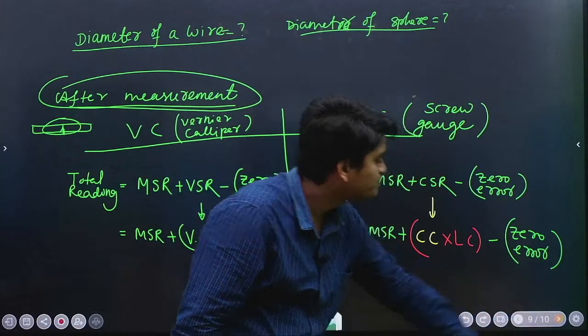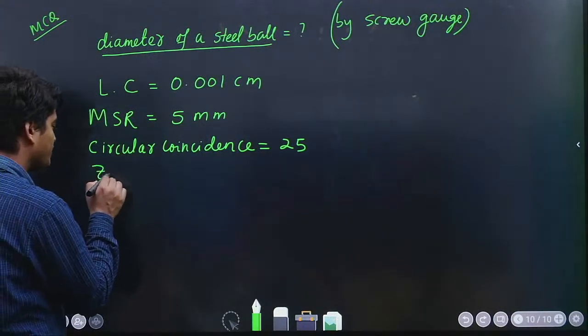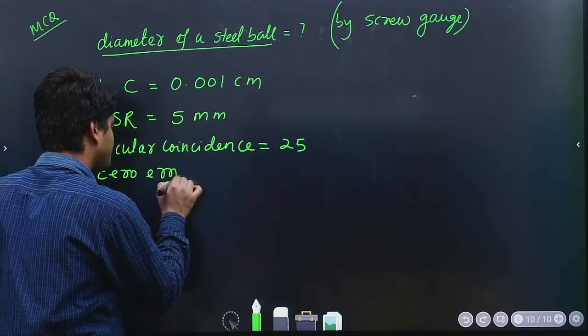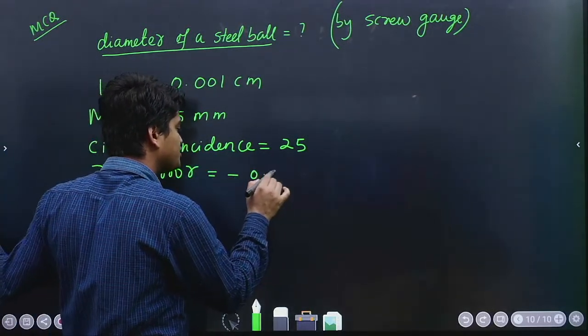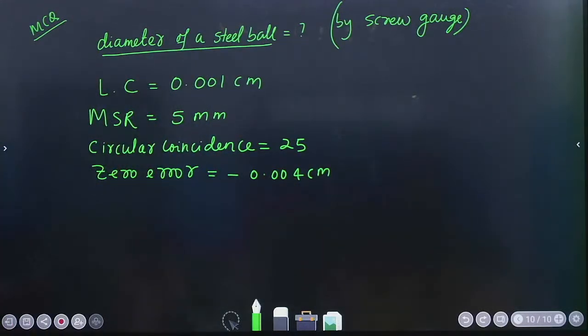Now circular coincidence is how much? 25. Now they have given the zero error: minus 0.004 centimeter. Is it positive zero error or negative zero error? Negative zero error, and you have to put it with sign. Yes or no?